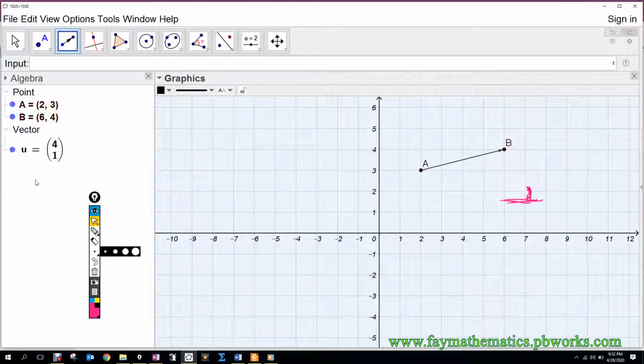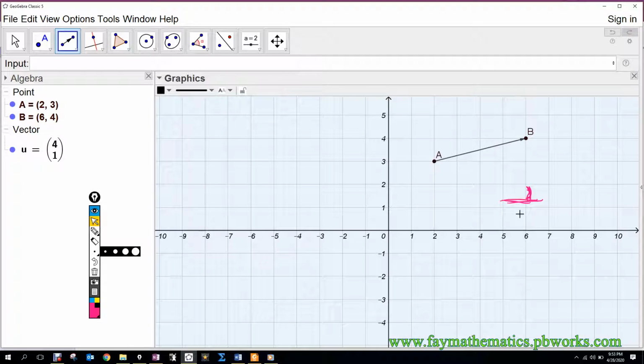The notation that GeoGebra is using here is more convenient when you get into a linear algebra course, like after 3 or 4 calculus classes in college.